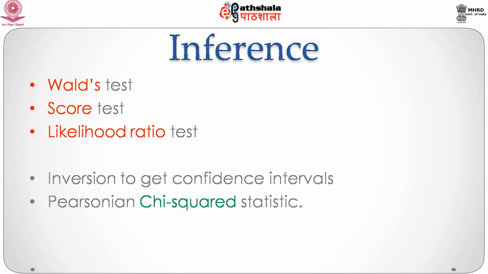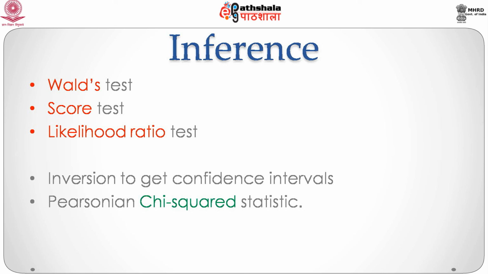This is just one of the tests which we could use, and 2 other likelihood based tests which are always available whenever we can write down a likelihood are the score test and the likelihood ratio test. In some situations the tests will be identical, but not necessarily so. If we fail to reject H naught, then our next procedure would be to get the confidence intervals for the log odds ratio or the odds ratio, or similarly for the risk difference and the risk ratio.